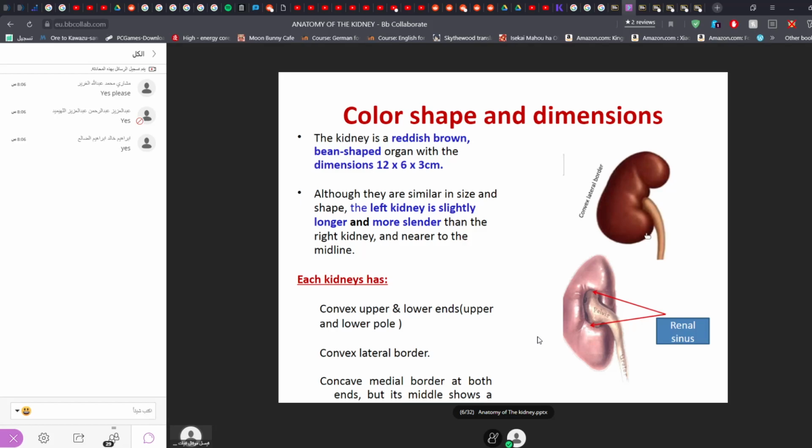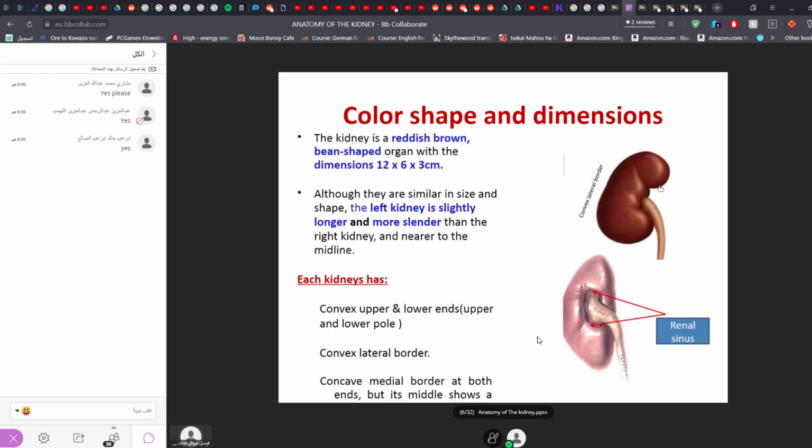Now, this is the lateral border of the kidney, and this is the medial border of the kidney. Geometrically, this is the convex border, which is the lateral border, and the concave border is the medial.